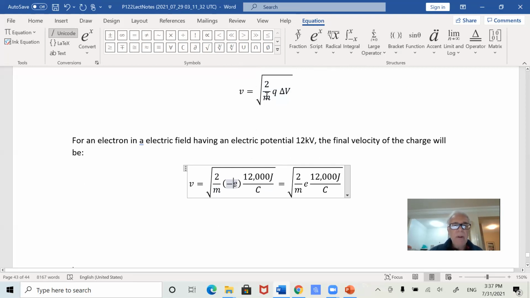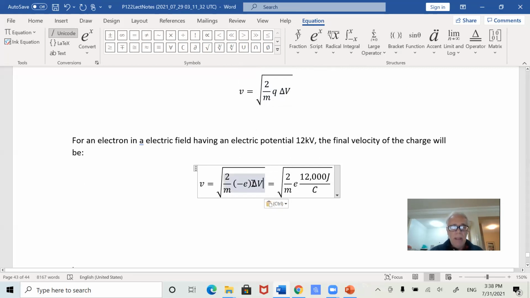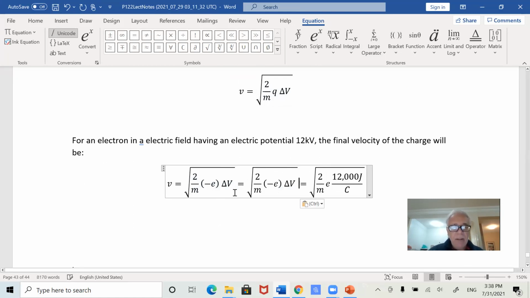But what happens here? What we have here is a delta V, right? Let's put the delta V here instead of the actual value, and then we expand this delta V. Let's not put the 12,000 yet.